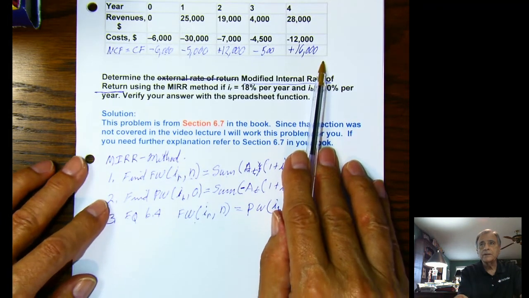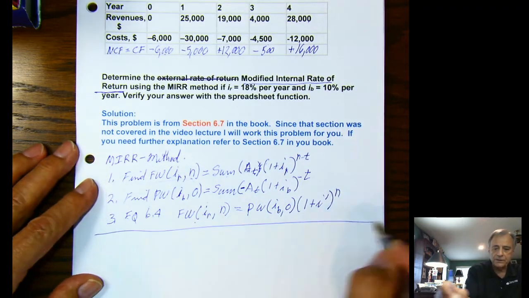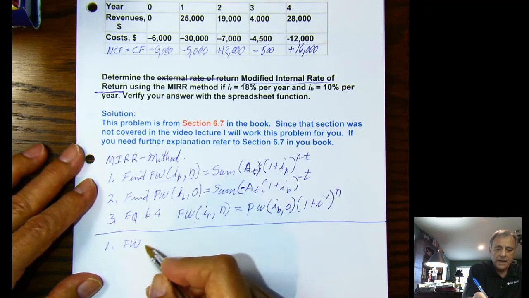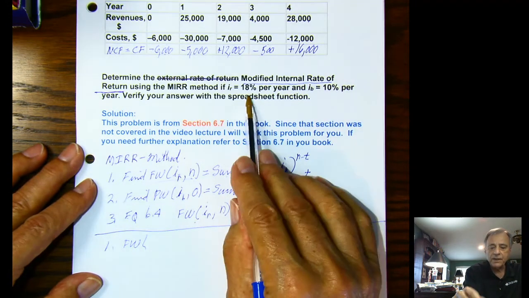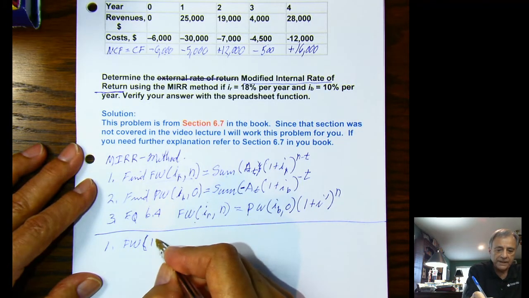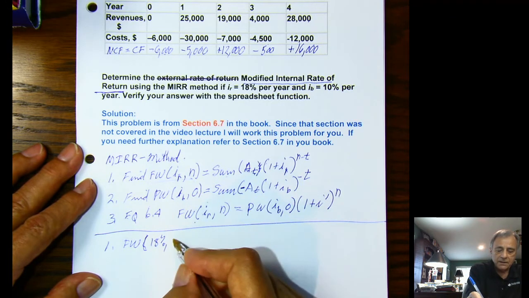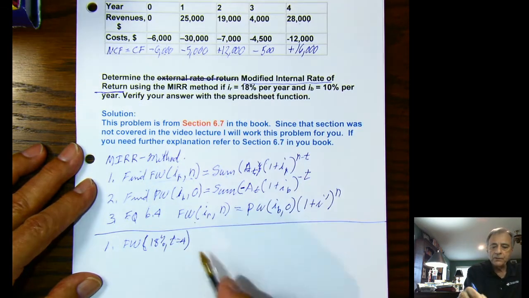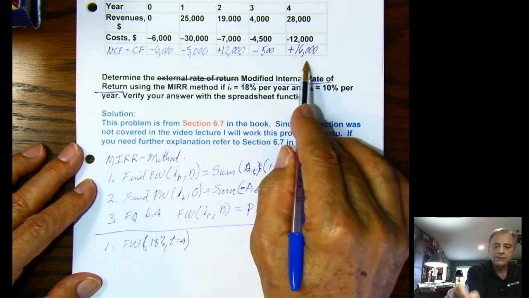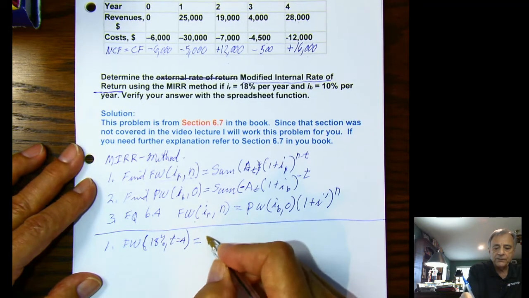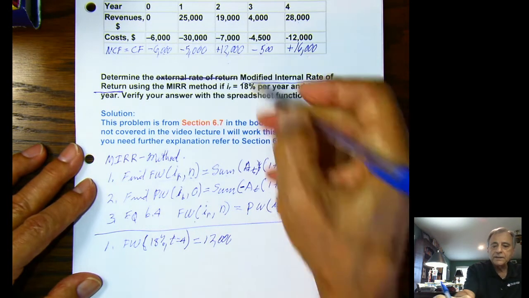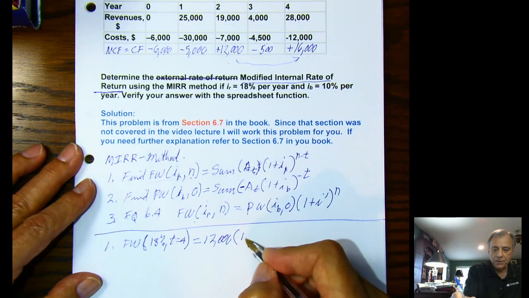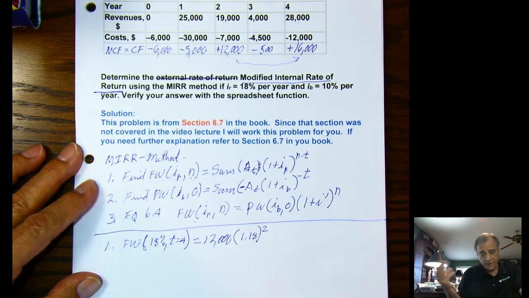So in step 1, this is the procedure. We're going to find the future worth at the reinvestment rate of 18% at time 4 of these two positive cash flows. So that will be $12,000. It's at time 2. I need to bring it forward 2 periods. So it's times 1.18 squared, or second power.